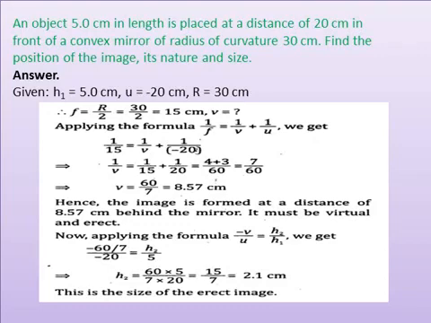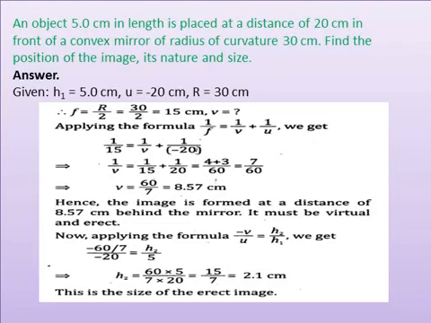Now, what is it you are being asked? The V value. V is equal to how much? So apply the mirror formula: 1 by F is equal to 1 by V plus 1 by U. Now substitute the values, F as 15 and U as minus 20. So 1 by 15 is equal to 1 by V plus 1 by minus 20.